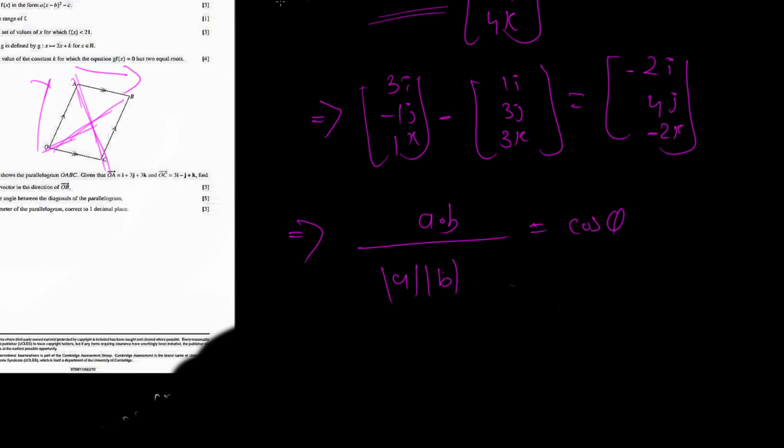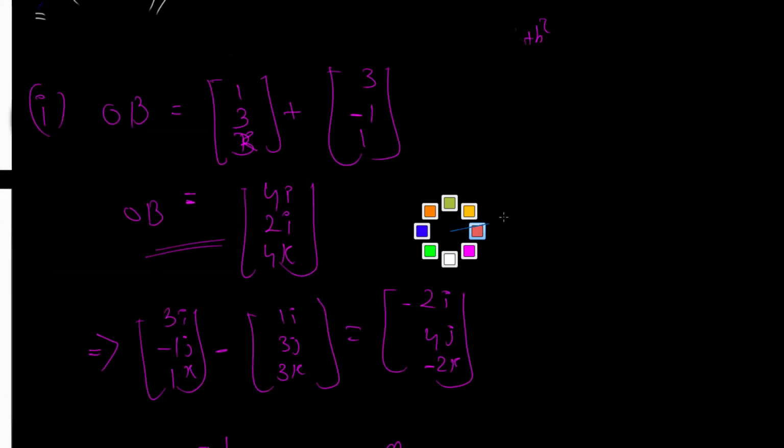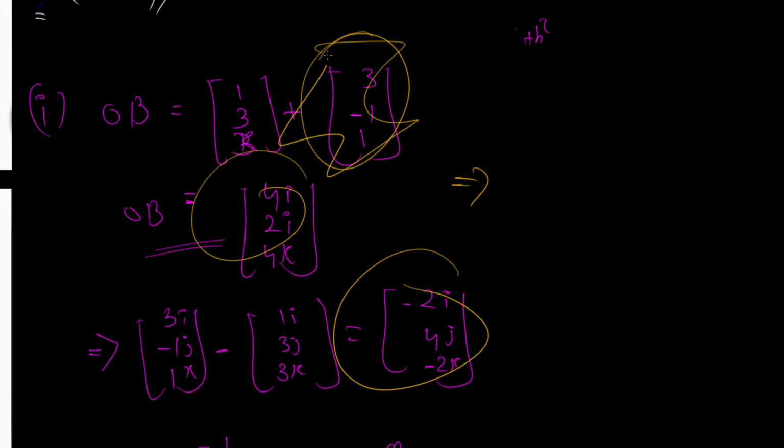So let's try to find the dot product of a and b. The dot product or the scalar product of a and b in this situation, for this one, would be 4 multiplied by minus 2 plus 2 multiplied by 4 plus 4 multiplied by minus 2.